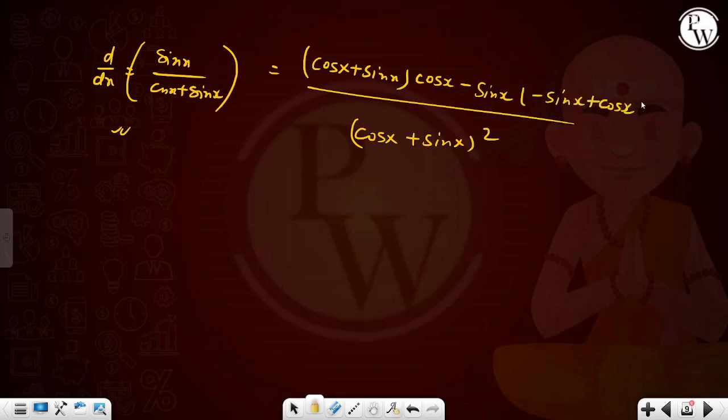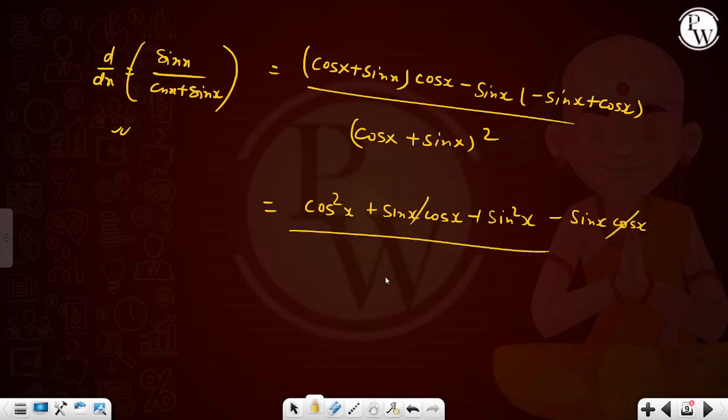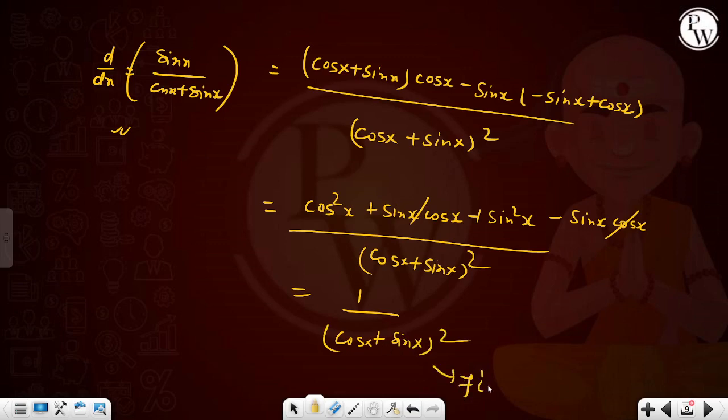See what it has come: cos square x plus sin x cos x plus sin square x minus sin x cos x. And we very well know that cos square x plus sin square x is equal to 1. So this is f dash x.